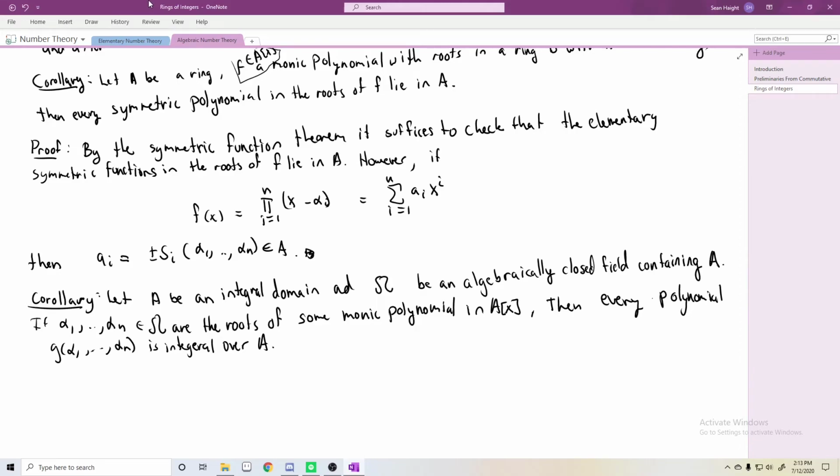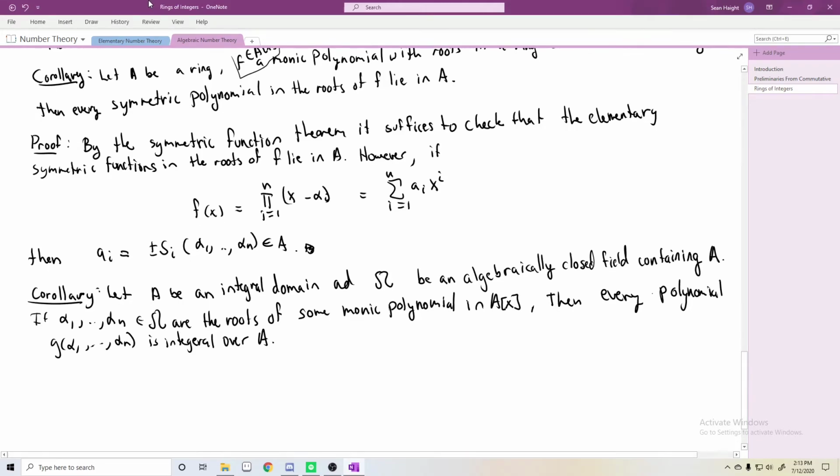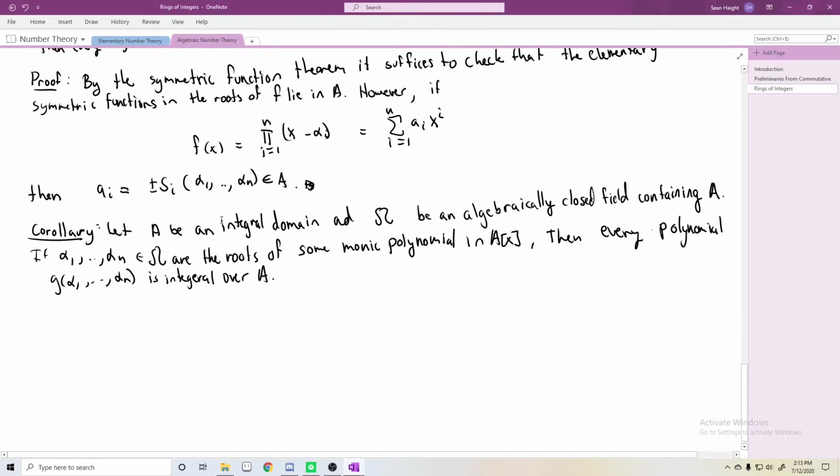So you can see how this is going to imply the result, right? If I take alpha_1 and alpha_2, and I want to show that alpha_1 plus alpha_2 is integral over A, well, I find some monic polynomial that has both alpha_1 and alpha_2 as a root, and I just take G to be the polynomial x_1 plus x_2.